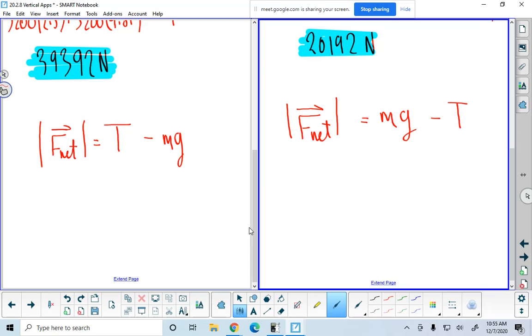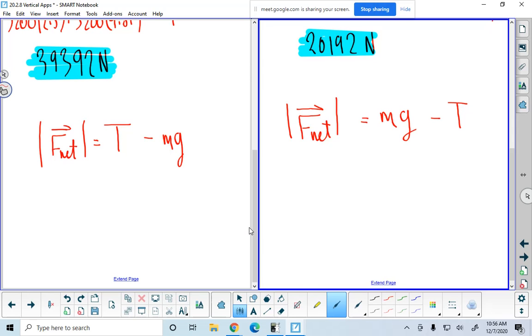It depends which one is bigger. I'll let that sink in for a minute. If the applied force up is bigger, it accelerates up. If the applied force down, which is the force of gravity actually, is bigger, then it accelerates down.